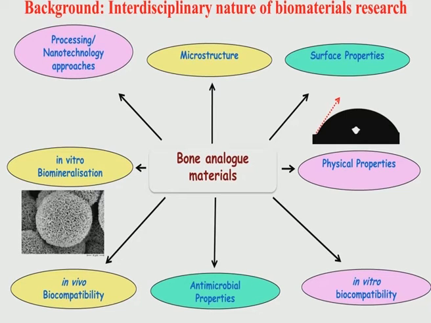This kind of unique structure is very difficult to mimic with synthetic materials, but people have made significant attempts to mimic it as close as possible to the natural bone. Once this processing is done, one can characterize the microstructure at multiple length scales, both 2 dimensional and 3 dimensional, as well as micron scale to nanoscale and so on.